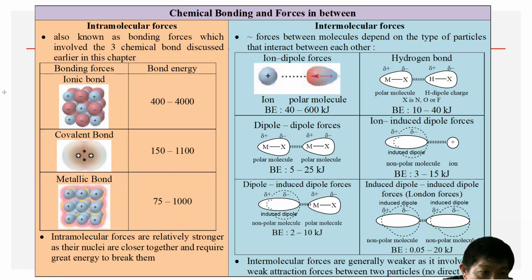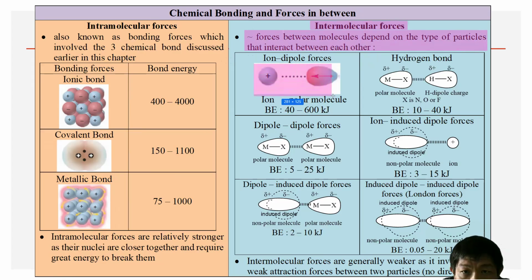The second type, which is the main focus of our video, is what we call intermolecular forces, the forces between molecules, depending on what type of particles are interacting with each other. We have a few examples. Here we have ion-dipole forces, formed between a positively charged ion and the partial negative charge of a polar molecule.